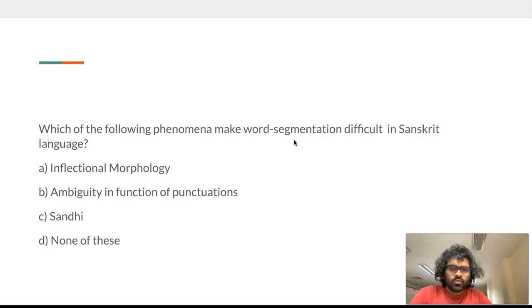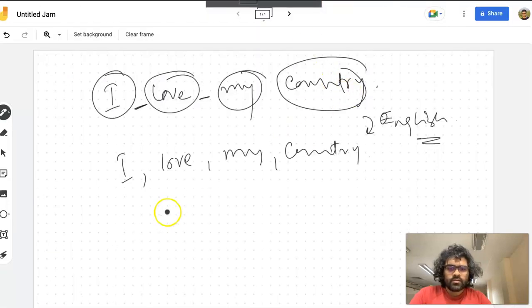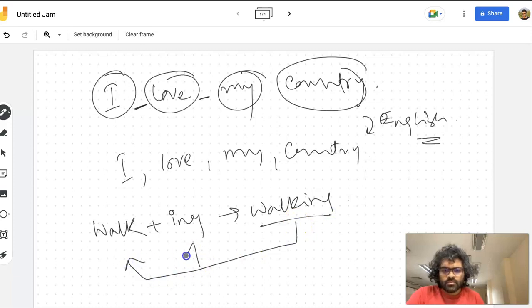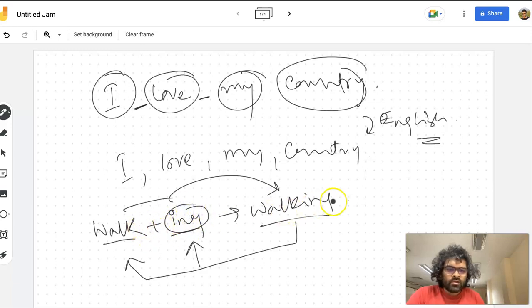Another way of word segmenting is, suppose we are writing walk and if we add ing, it will be walking. If we segment this word, it will give these two parts, walk and ing, and if we concatenate them, it gives us this word.